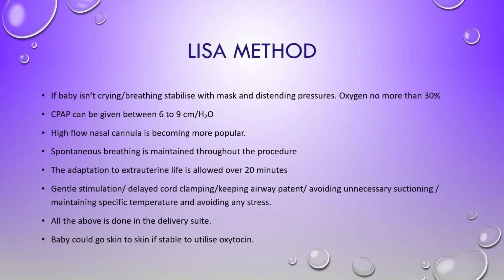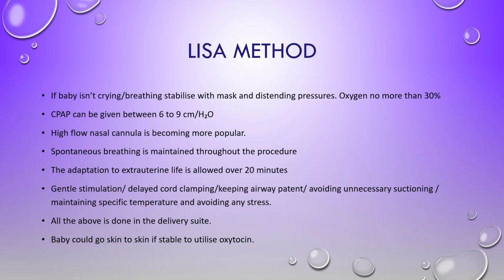If the baby isn't crying or breathing, stabilize with mask and distending pressure. So start slowly and take it up. It's important that if you can, you use a system where you know how much pressure you are giving during the so-called bagging period.